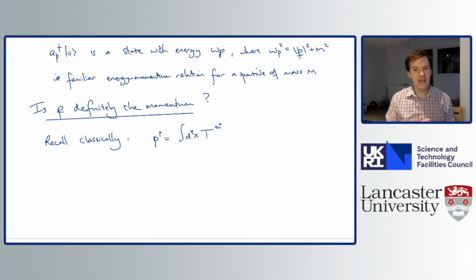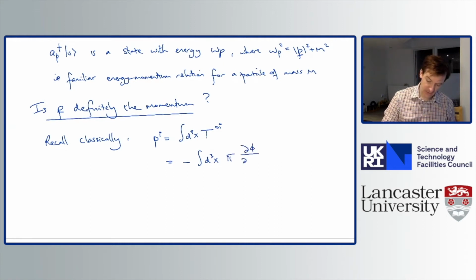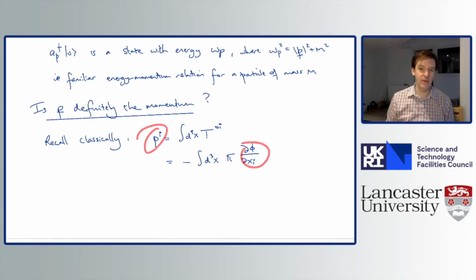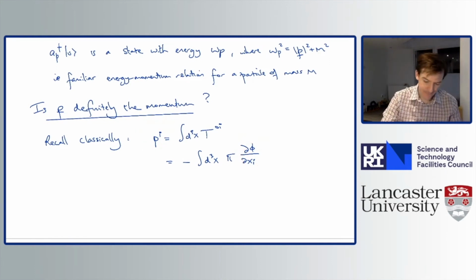For this theory, this turns out to be the integral d3x of phi dot times the derivative of phi with respect to the ith spatial component. If we wanted px, this would be d phi dx; if we wanted py, this would be d phi dy, and so on. So that's the classical relation.